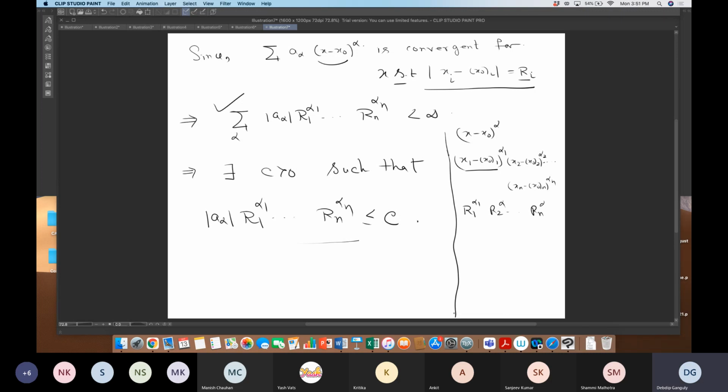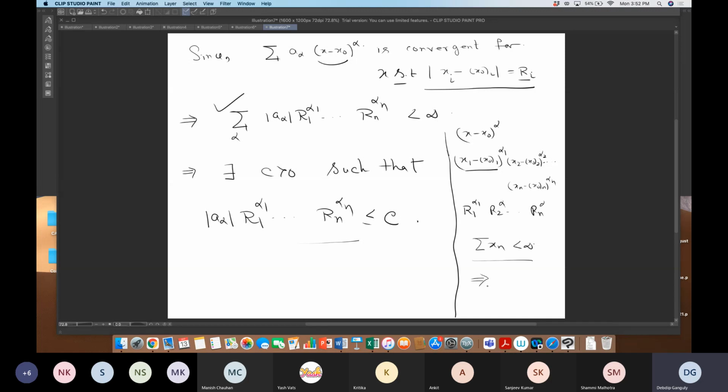Think properly. Summation xn is finite. What does it mean? Xn is just a sequence. You take your favorite one. Summation xn is finite. What does it mean?